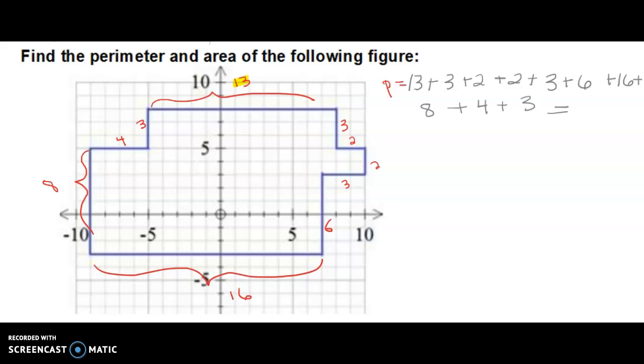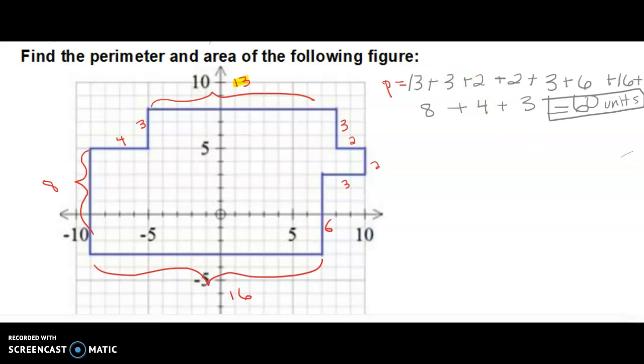All right, so if I get my calculator and plug all those numbers in, I get 60. So the perimeter is 60 units. Feet, centimeters, inches, we don't know. But 60 is the perimeter.